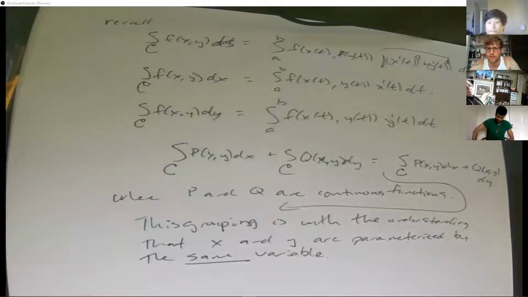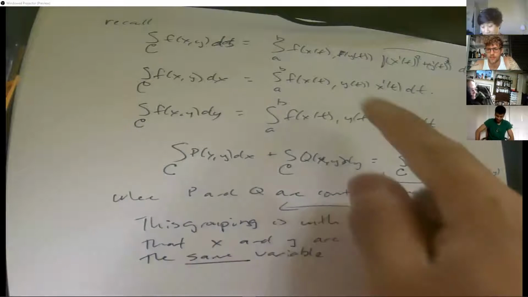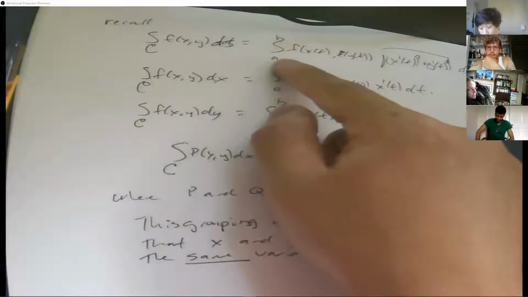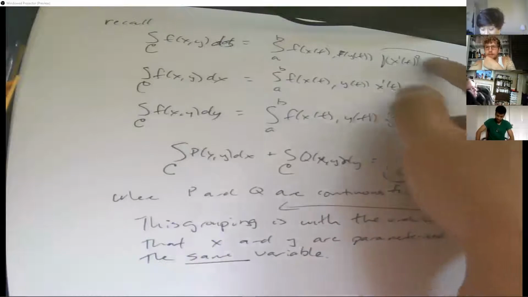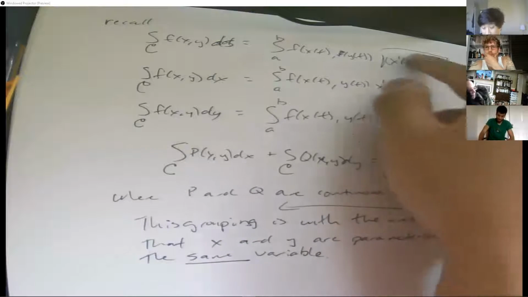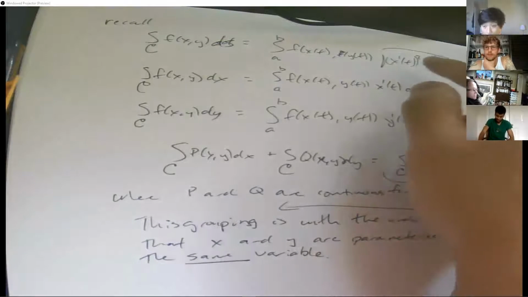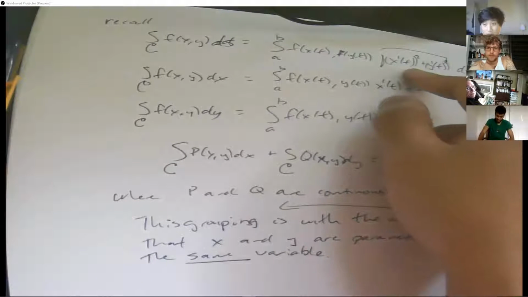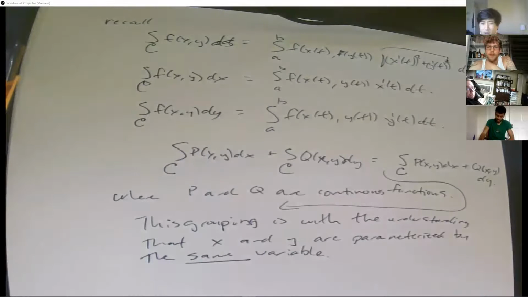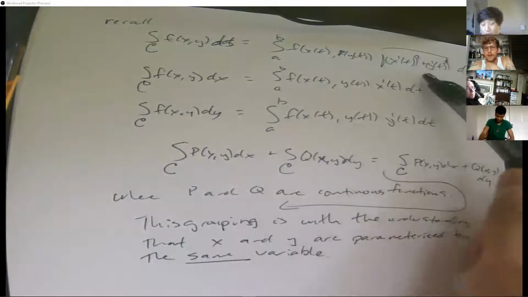The first reason I'll talk about is if you go back to the derivation of this line integral, this whole thing was the arc length, the derivative of the arc length, right? So if you went back and did the derivation, you would get this is the derivative of the arc length.